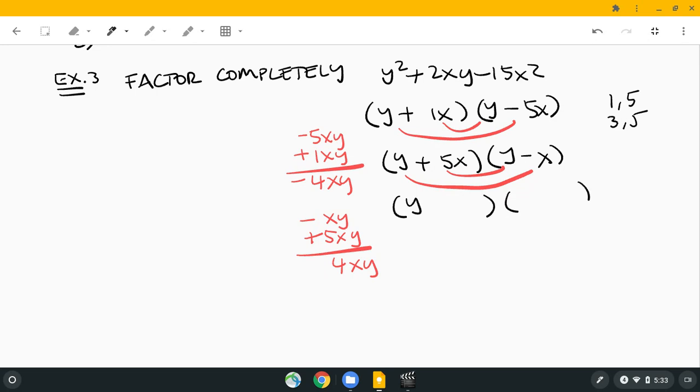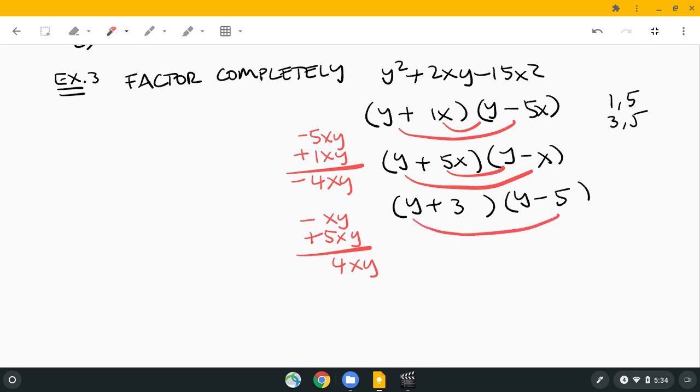So y times y gives us y squared. One of these is positive, the other one is negative. Here we have the 3 and the 5. I know some of you are going, no, don't do that, but I am. Let's check.